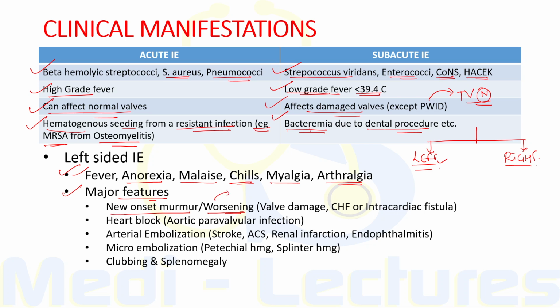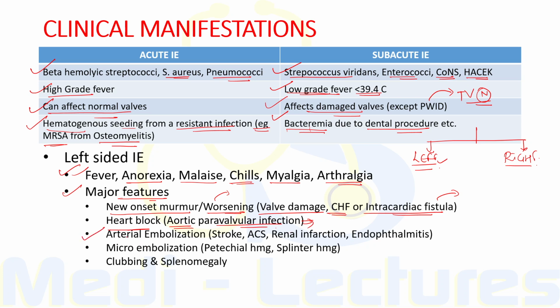Now why is this murmur occurring? Because of valvular damage, congestive heart failure or intracardiac fistula formation due to endocarditis. Heart block can develop especially in aortic paravalvular infection, which can burrow into the upper ventricular septum leading to heart block.